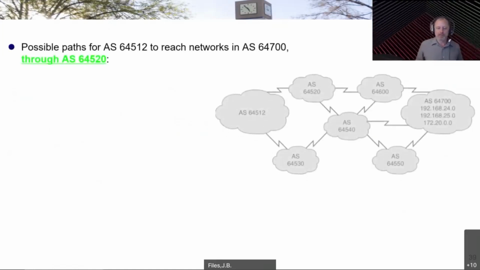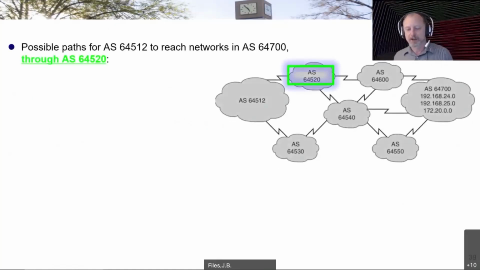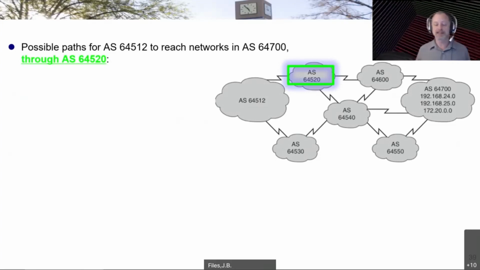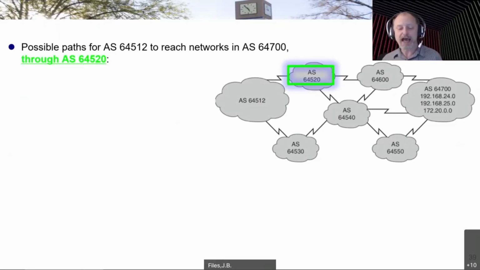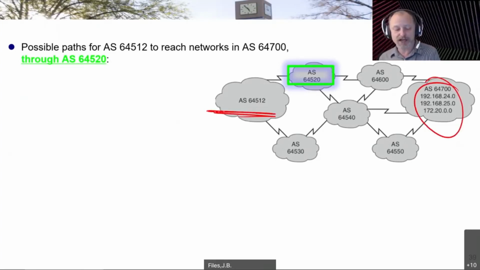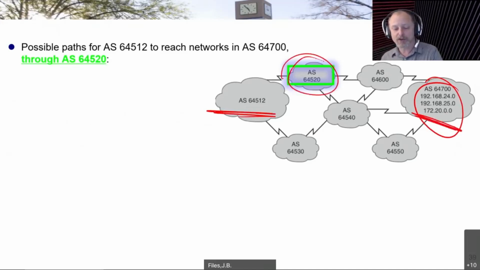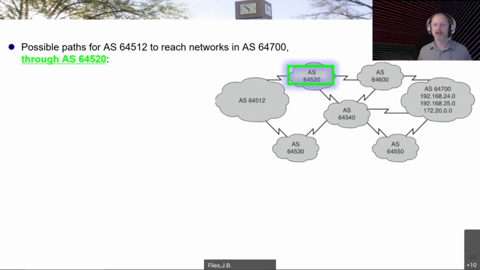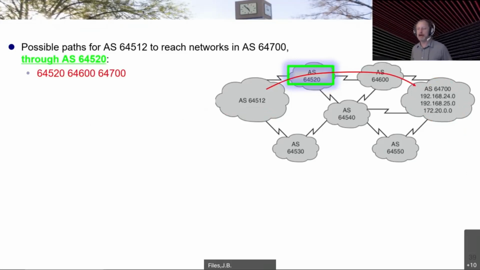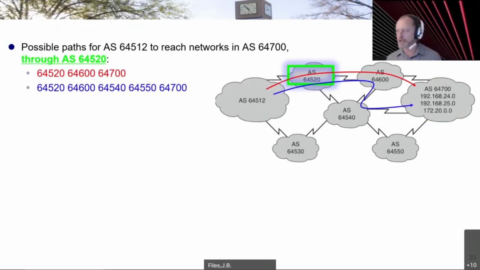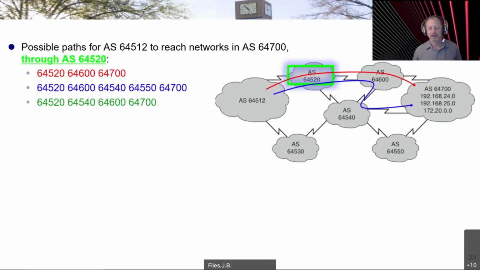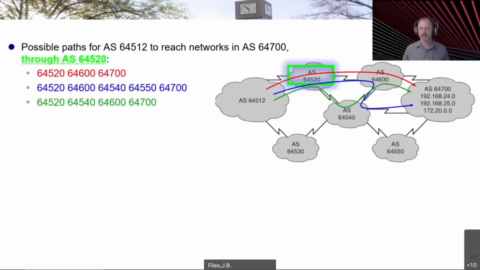So in this scenario, how many possibilities do we have to get over here? We're going to start here, get here, and go through that as our next hop. Well, here's one path. Here's another path. Here's another path.